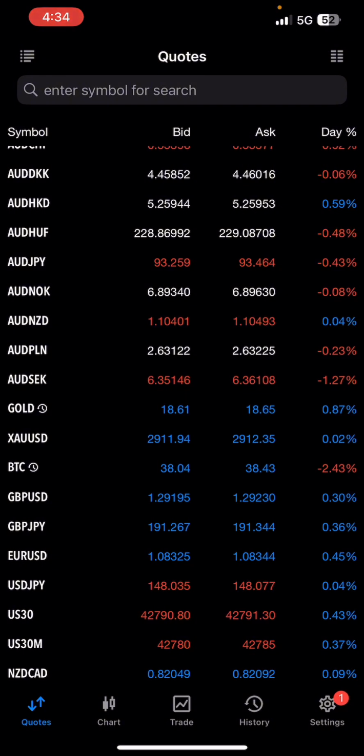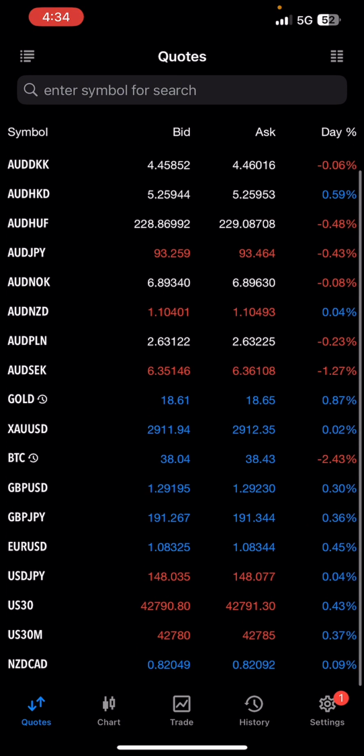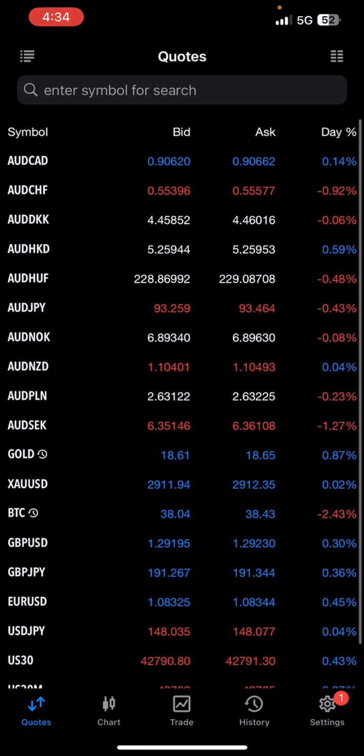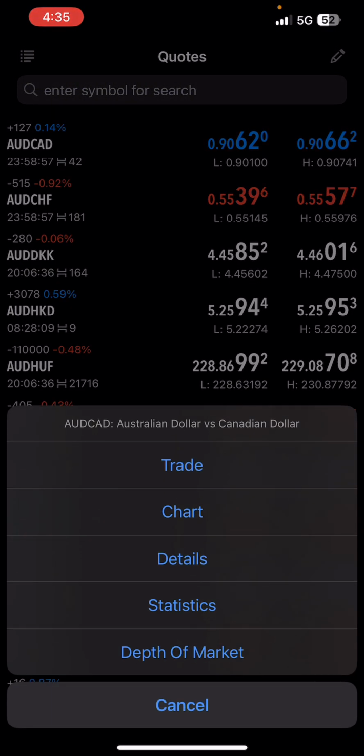You don't need to know everything. With time it will stick to your head, and most likely you're not trading all these currencies. You have to pick. So if there's any you want to delete, you can click on it and click on delete. There are some that you won't be able to delete.